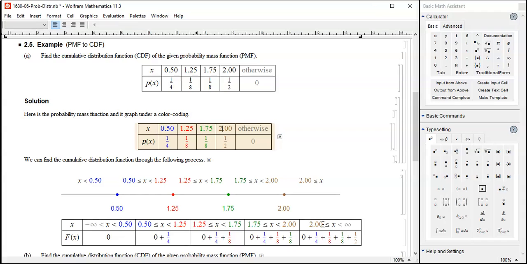We need accumulated probabilities, or cumulative probability. In the first interval, nothing to our left, so everything begins from 0. And then from the second interval, I have 1 mass, so I need 1 addition. Next interval, I have 2 masses, so I have to add up to here, and then add another, and then add another. So we have cumulative probabilities downstairs.